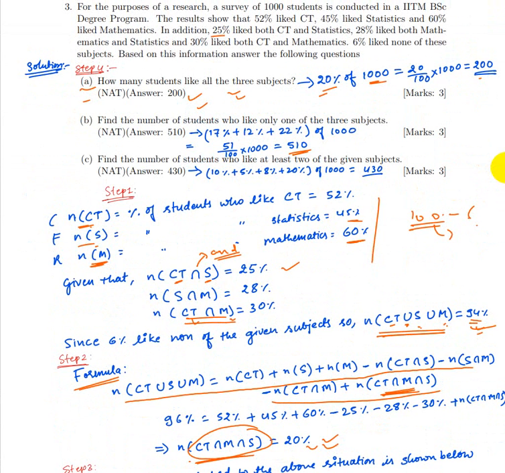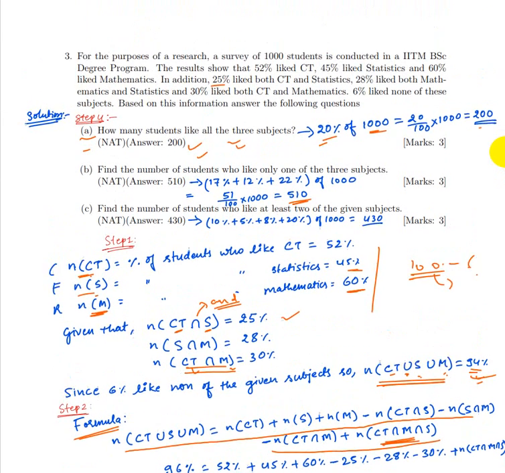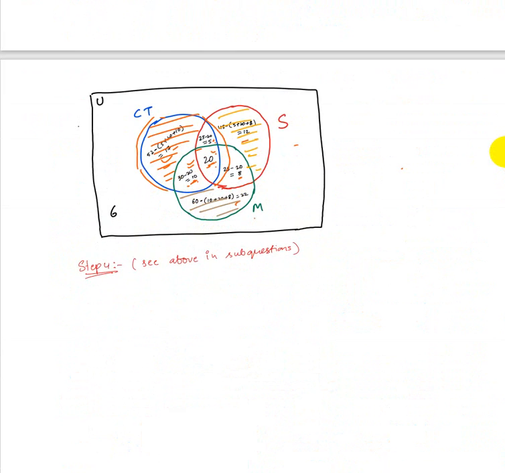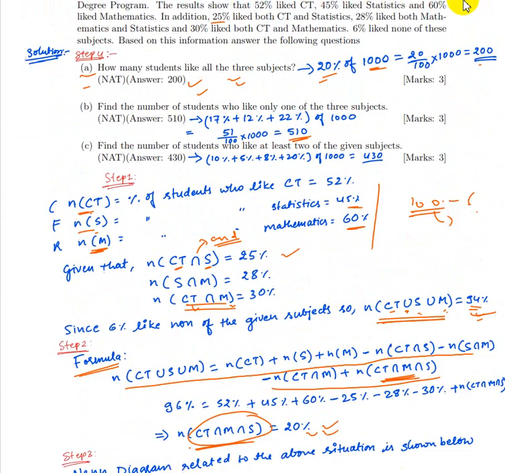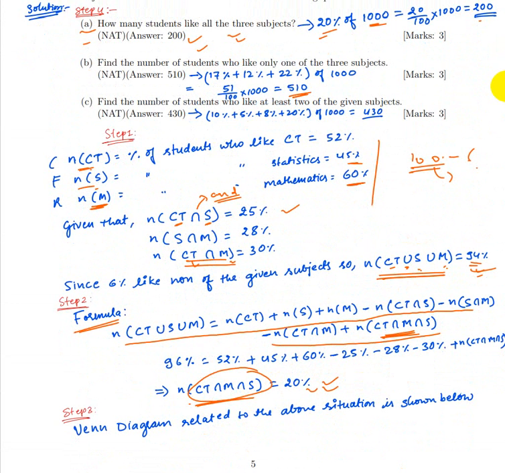Find the number of students who like at least two of the given subjects. For finding the number of students who liked two subjects, these parts which I am highlighting are helpful. We'll just add the percentages in these parts, which is 10 plus 5 plus 8 plus 20.